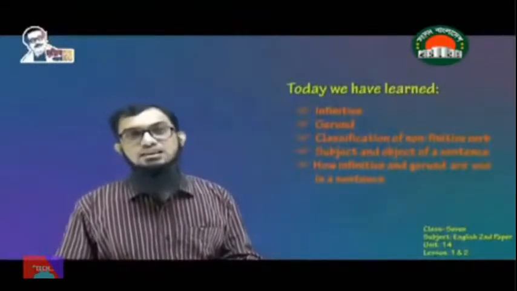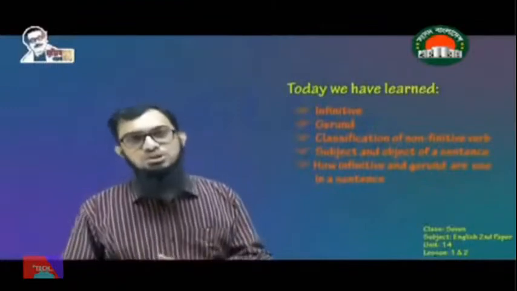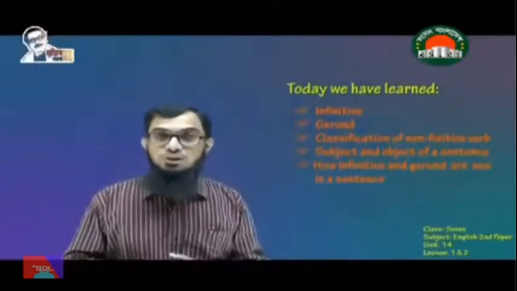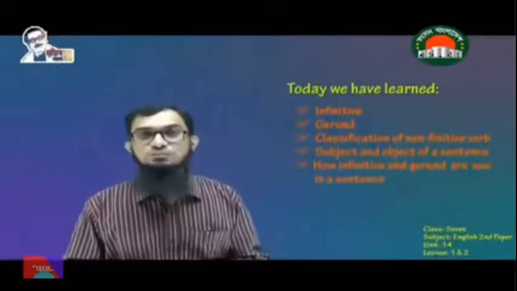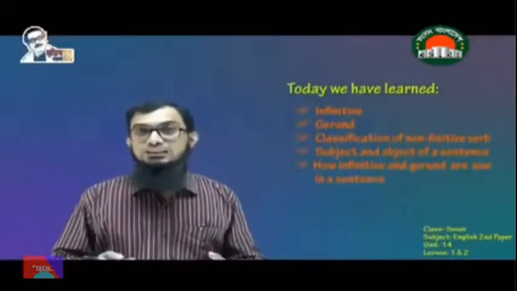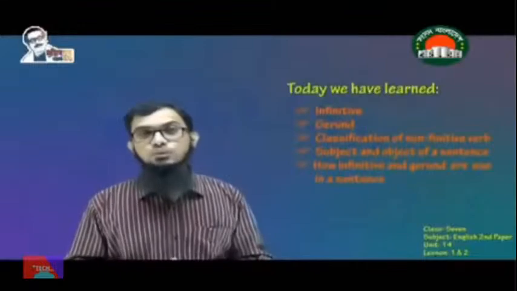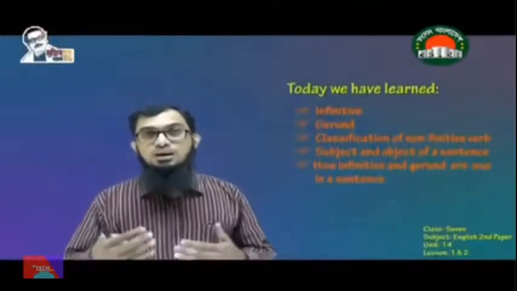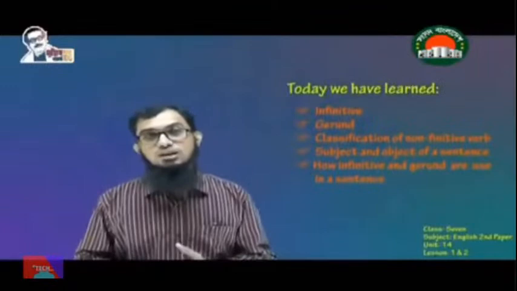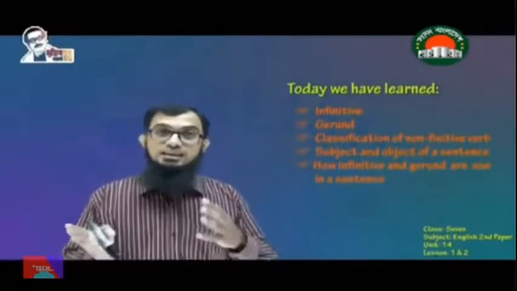So dear students, what are the things on finite verb, how to determine the subject and object of a sentence, noun, pronoun, preposition, how do they work in a sentence, I mean their function. We practiced passages, finding out infinitives, bare infinitives, and gerunds as well. How infinitives and gerunds are used in a sentence, like as a subject or as an object.